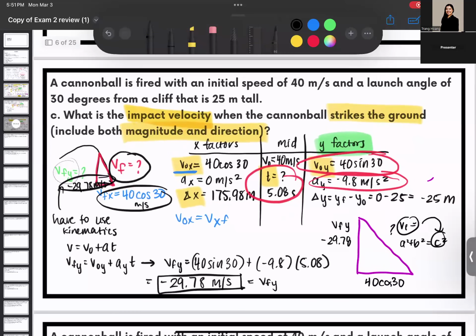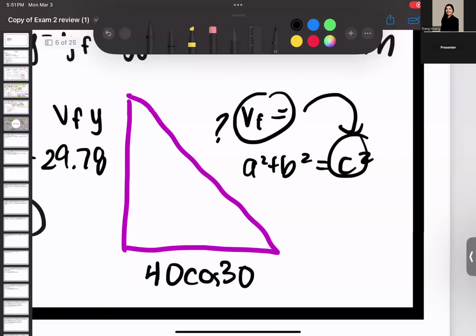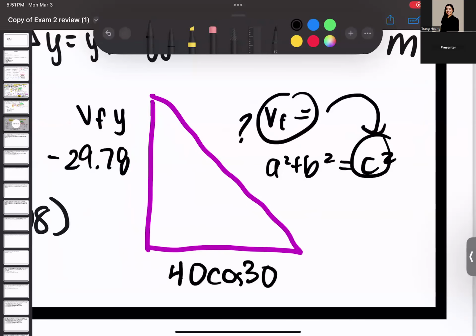So I'm going to zoom in, right? For a squared, you can use any side for a, any side for b. So I do negative 29.78 squared plus, I'll just solve it myself, 40 cosine 30. Sorry, I'm trying to make sure it's in degrees, not radians, because I've done that before. 40 cosine 30 is going to get you 34.6.